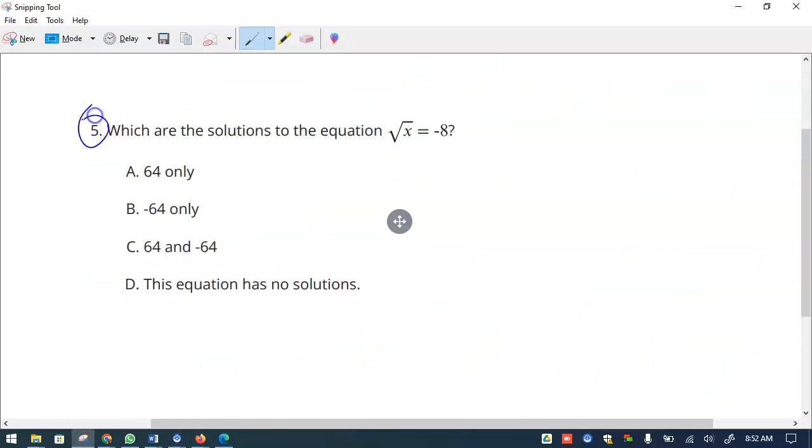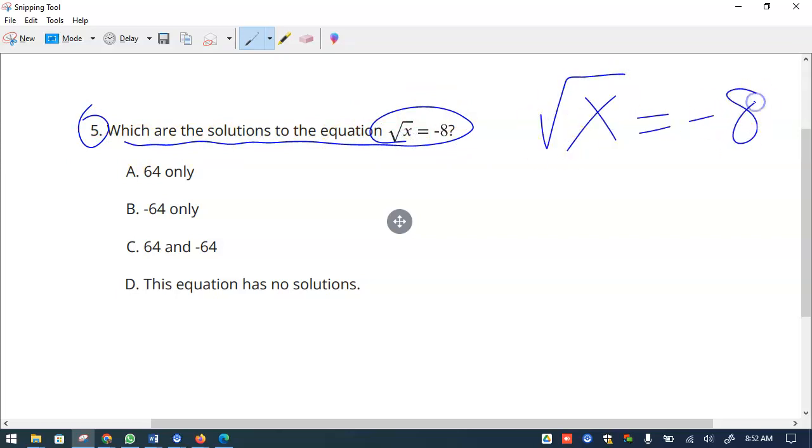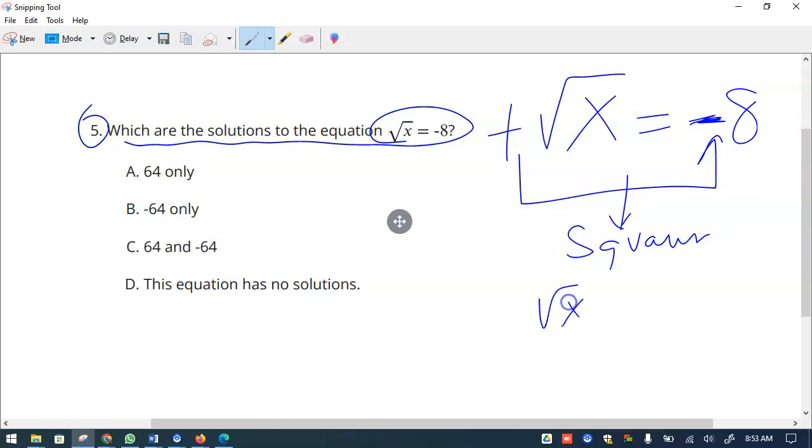Question number 5 is asking which are the solutions for this equation, and you can see square root of x and there's a minus 8. The left side is already positive and this side is a minus, so you can't have it like this. That is not correct. So some students may want to square both sides. We'll say okay, square both sides, and you square like this, and you get x equals 16.